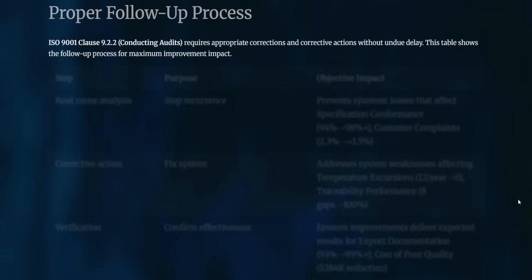Proper follow-up process. ISO 9001 Clause 9.2.2 requires appropriate corrections and corrective actions without undue delay. This table will show us the follow-up process for maximum improvement impact.